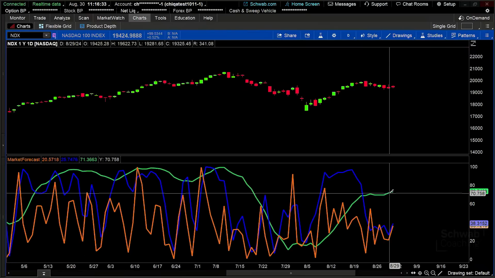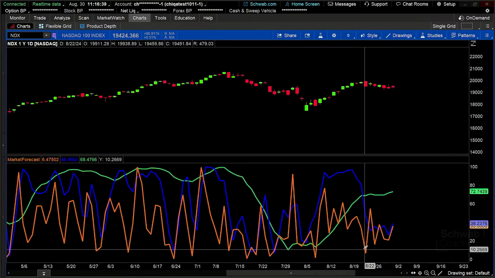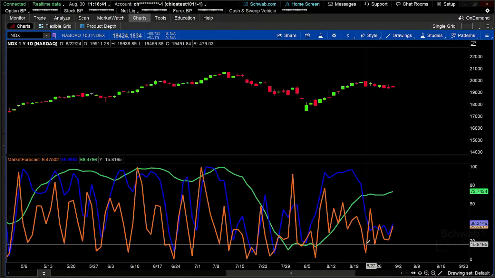Okay. So the way that we might think about these would be that the red line, or near-term line, is the quick move, right? The almost daily move that whatever instrument we're looking at is making.